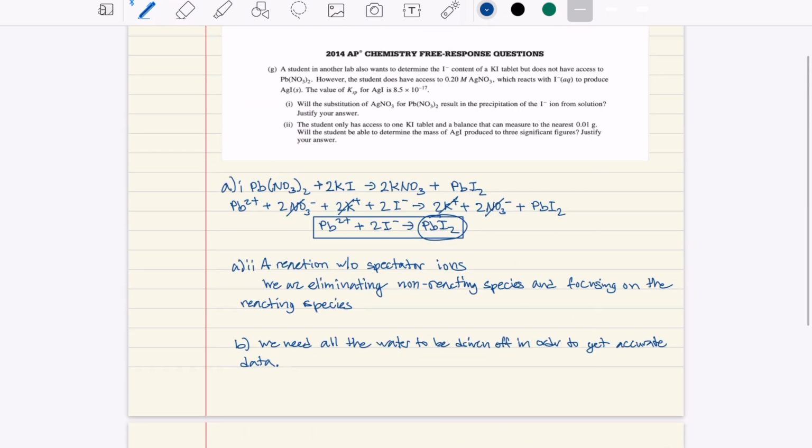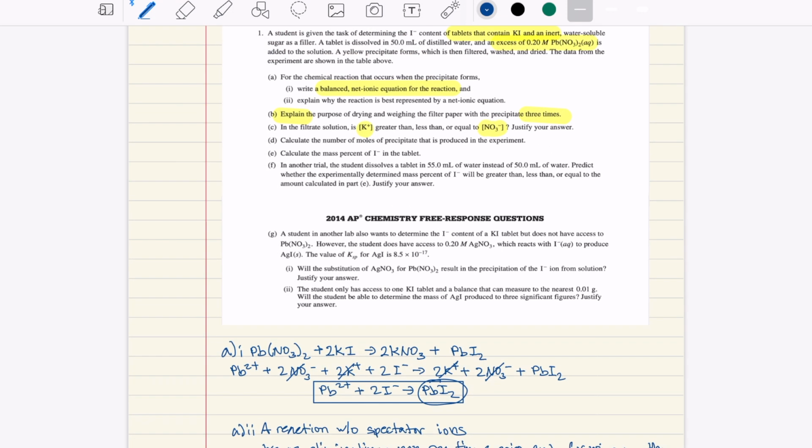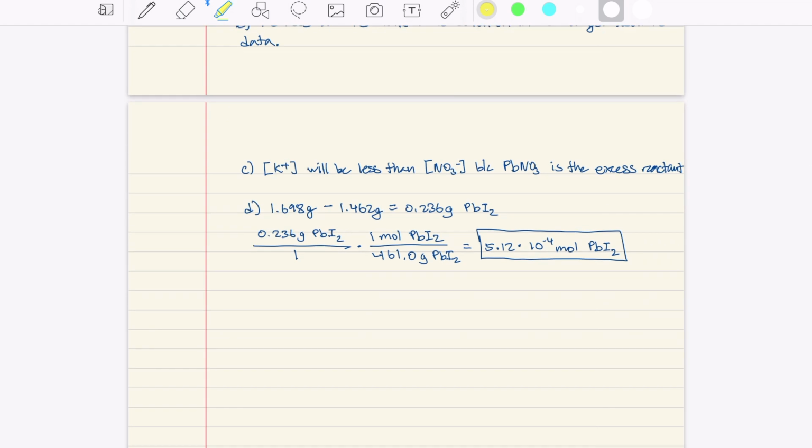So now let's move on to part E. E asks, calculate the mass percent of I minus in the tablet. So the important part of this question is mass percent of I minus. From the previous question, we figured out that the moles of PbI2 is 5.12 times 10 to the negative 4. So now we need to use that number to calculate the moles of I minus, and we do that by using the ion ratio. So we would do dimensional analysis again.